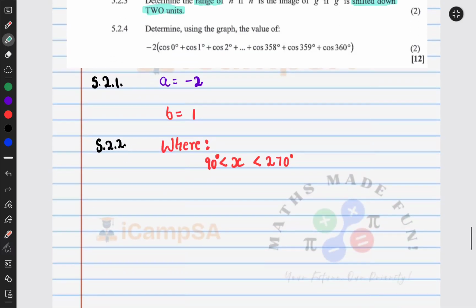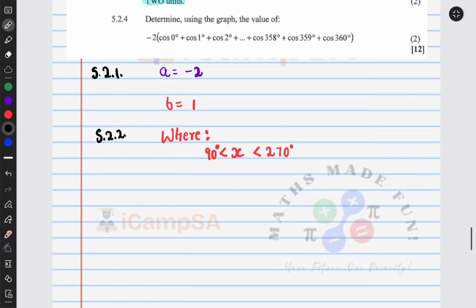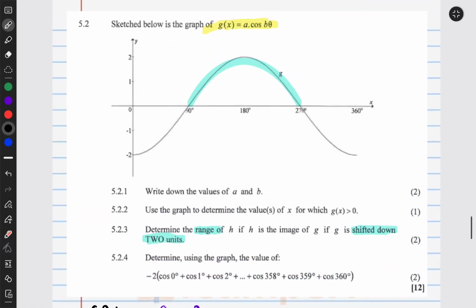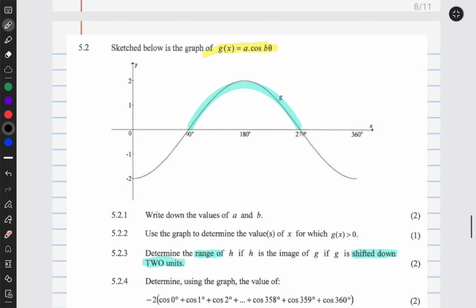So for 5.2.3, we have to determine the range of g first. What is the range of g?